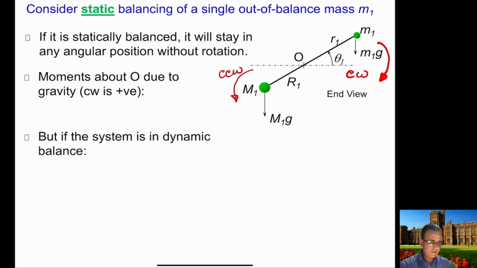So if we take moments about point O, and let's take clockwise as positive, what we will have is m1g. Now we are talking about static balancing, so these are the gravitational forces. So m1g, which is the weight, and the distance here is r1 into cos theta 1.